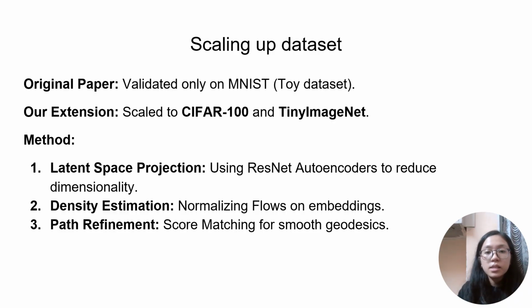This gives us the density information needed for Fermat distances. And third, path refinement. Using score matching, we smooth the initial paths to produce clean geodesics that follow the underlying data manifold. Together, these steps allow us to scale density-based geodesic learning from MNIST to far more complex datasets.